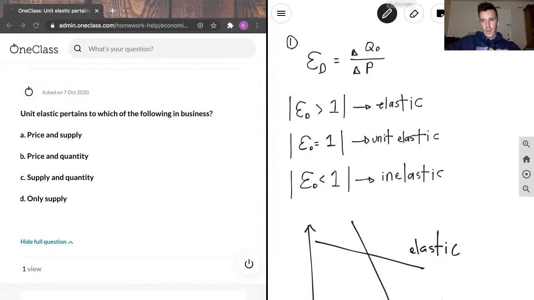Imagine this is Q and P. And we're going to have a pretty steep slope when we've got inelastic demand. And it wasn't pictured there, but I believe unit elastic demand would come at a perfectly 45-degree angle so that price and quantity move proportionally. So 45-degree unit elastic.